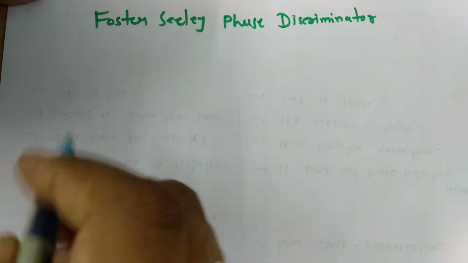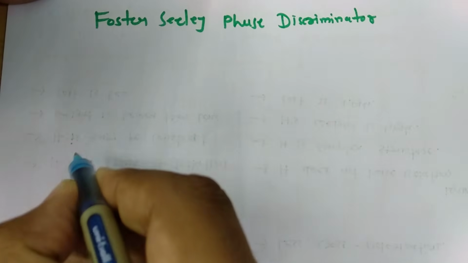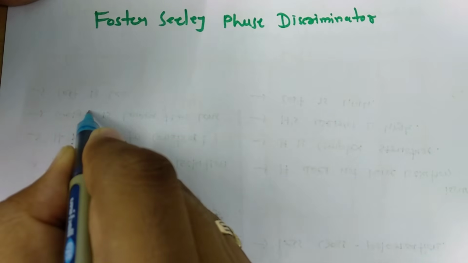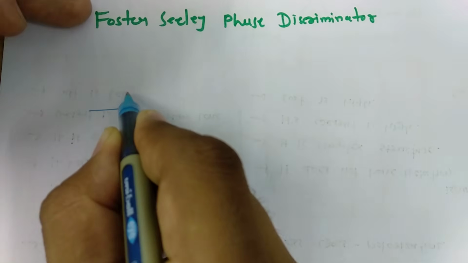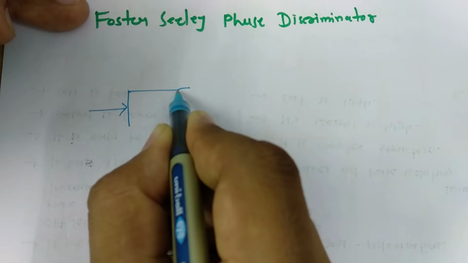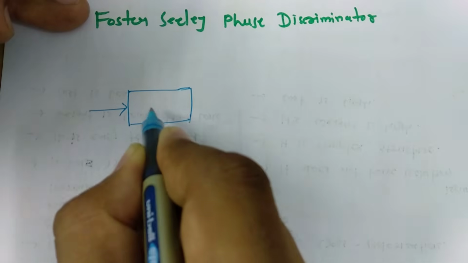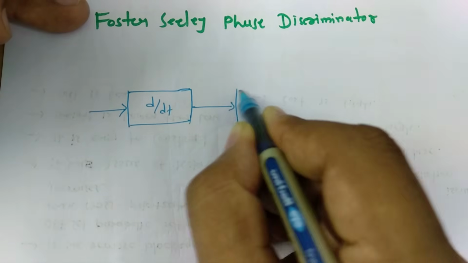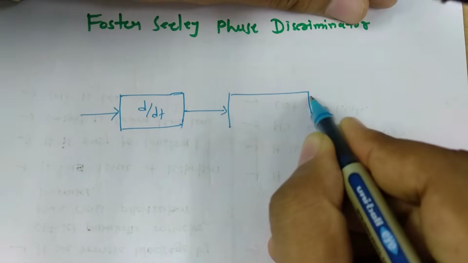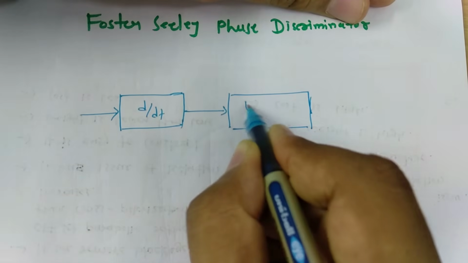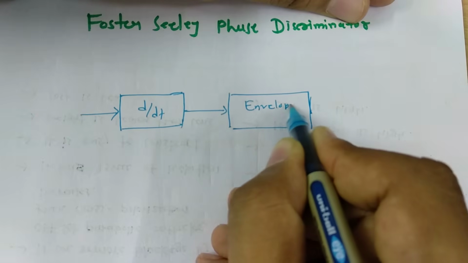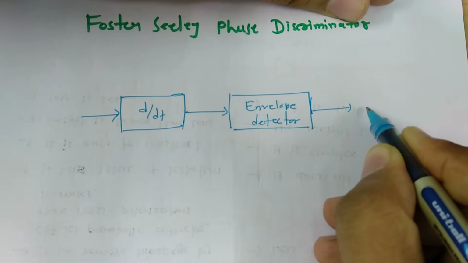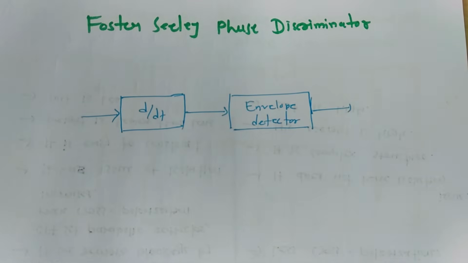We have already seen in the previous session that when we do FM demodulation, all we do is pass the FM modulated signal through a differentiator circuit, and then through an envelope detector, and then we extract the modulating signal out of that.